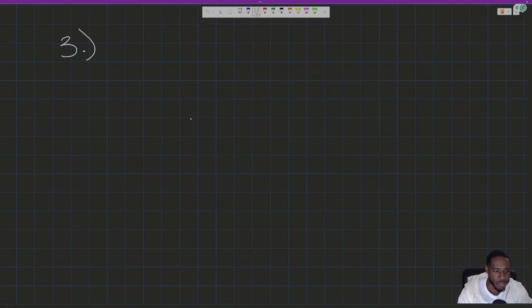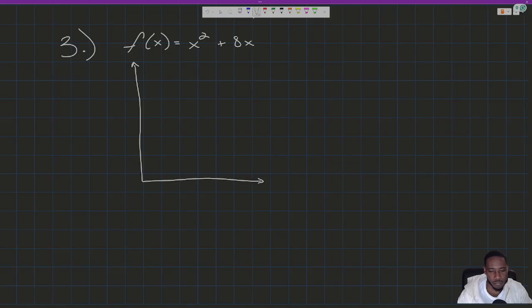and I model out what this looks like, right? First of all, they give us this function, f of x equals x squared plus 8x. Just kind of imagine what's happening here. Imagine we have this quadratic. And so I'll have a y-axis here. I have an x-axis here. Right?